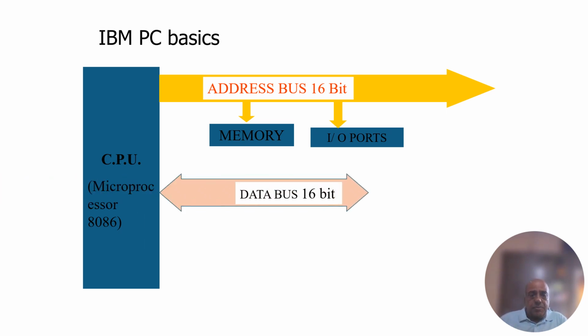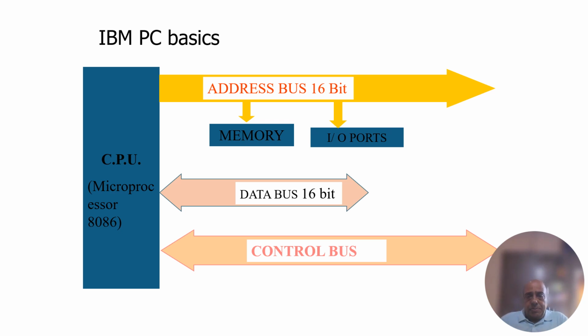Then there is another bus, that is a data bus of 16-bit. There is a control bus through which control signal flows from CPU to hardware and from hardware back to CPU.